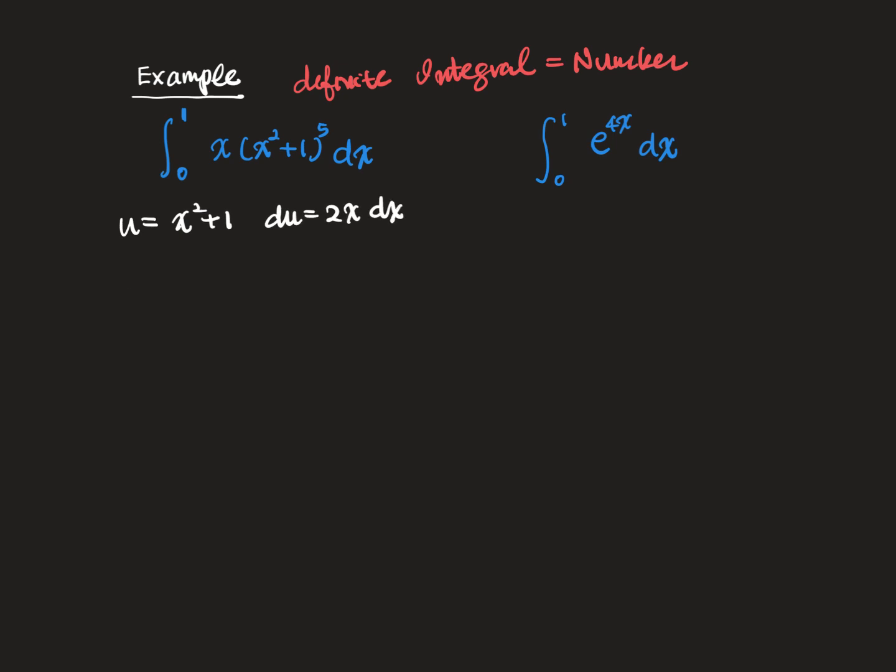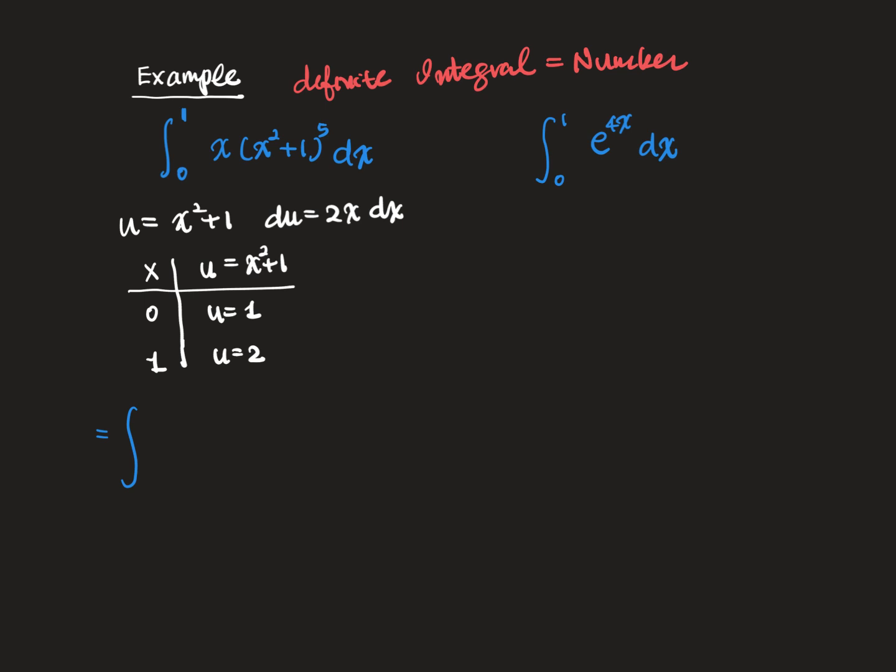Now the x values and u values: when x is 0, u is x squared plus 1, which is 1. When x is 1, u is 1 squared plus 1, which is 2.